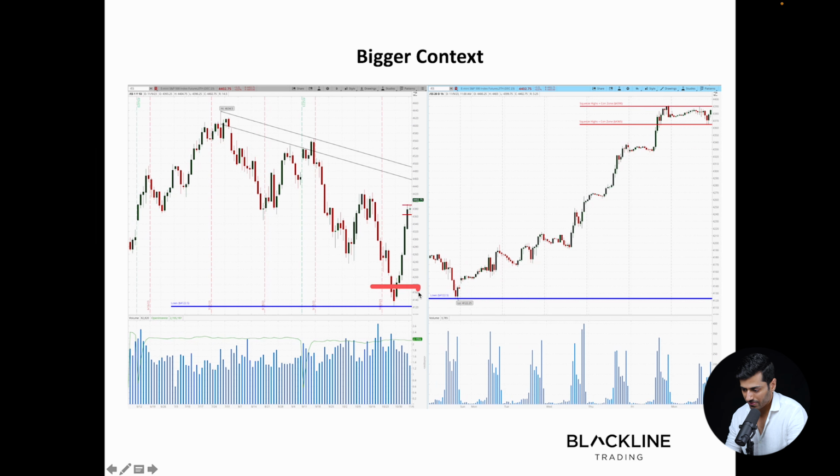Now, this is where things become very interesting. Why do things become very interesting? Because this is where we get FOMC. FOMC happens, bears' expectations are that we are going to dump like no tomorrow, and the Fed will basically be very hawkish. At this point, everyone is very bearish.